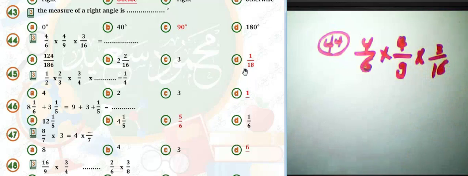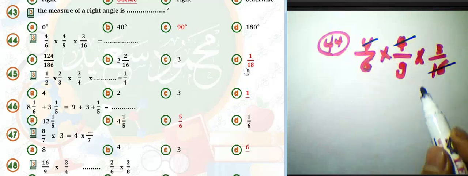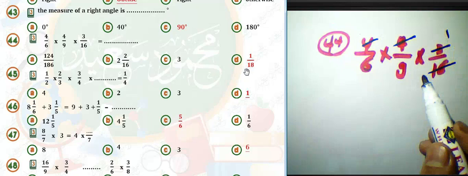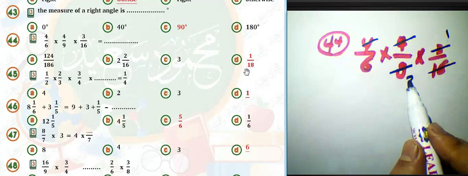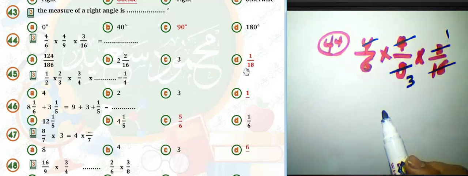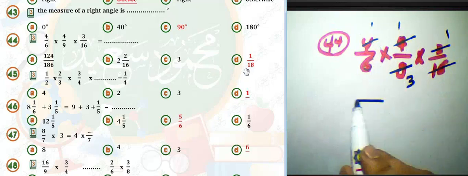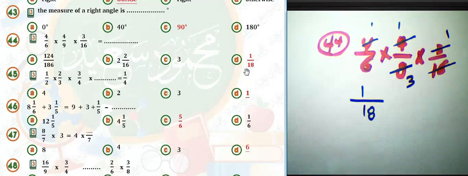We can cancel 16 by 4 times 4, 16. 16 divided by 16 equal 1. 3 divided by 3 equal 1. 9 divided by 3 equal 3. So 1 times 1 times 1 equal 1, and 3 times 6 equal 18. The result will be 1 over 18 about question 44.